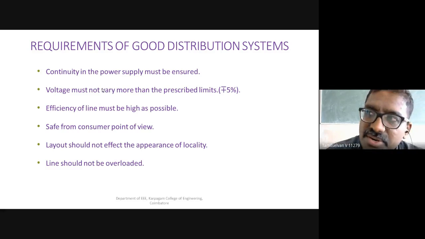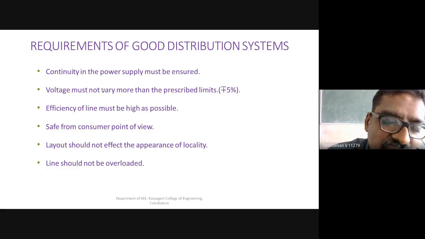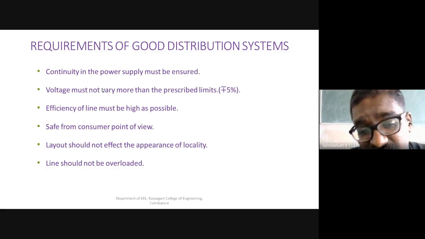So since metropolitan cities are densely populated, we try to go for underground cable for distribution also.